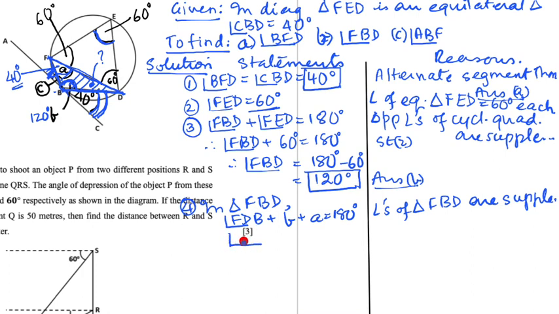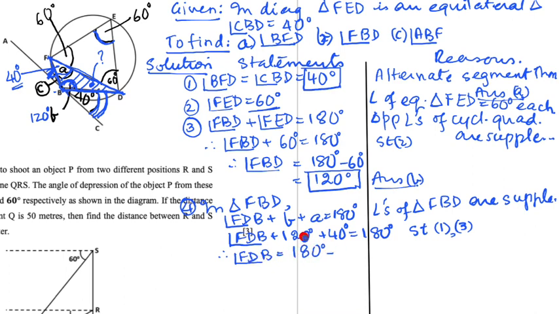Okay, now you just substitute the values. How much is B? 120 degrees. How much is A? 40 degrees. And that is equal to 180 degrees. And this would be from statements 1 and 3. And so therefore angle FDB will be equal to 180 degrees minus 160 degrees, which is equal to 20 degrees.